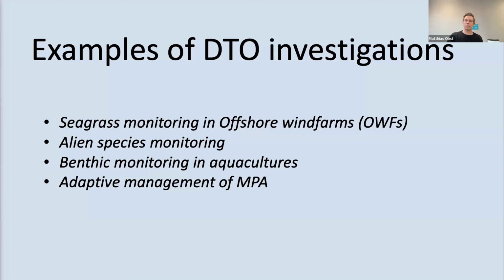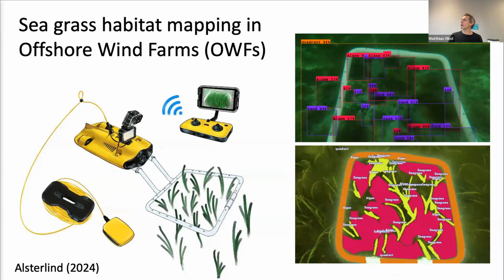So here are a few examples from these investigations, starting with coverage of seagrass and macroalgae, especially around wind farms. That's one of the things that these wind farms, they know, should now be used to create sheltered habitats.